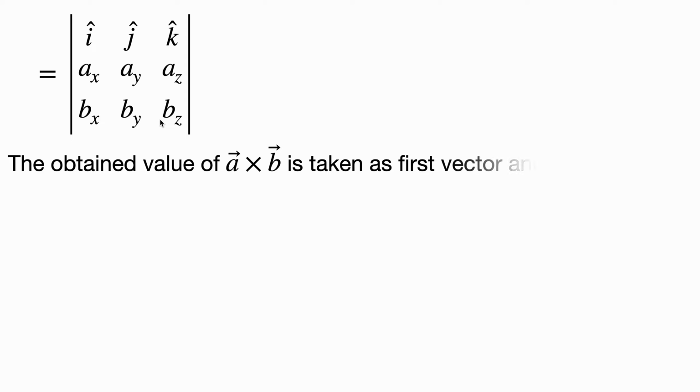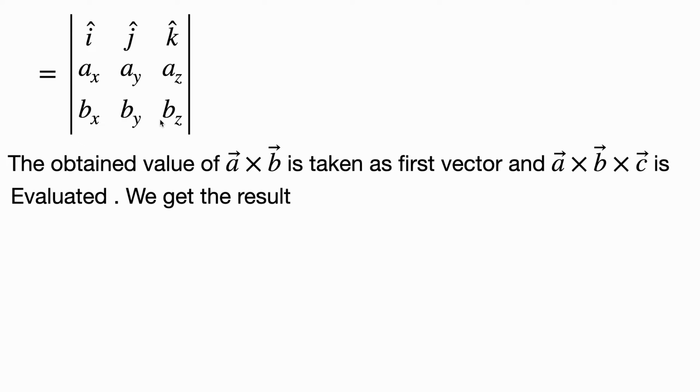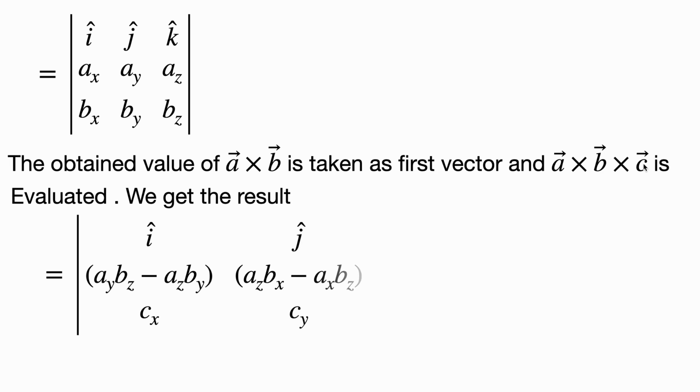So the obtained value of vector a cross vector b is taken as the first vector, and then we find its cross product with vector c. So we can also find the cross product by considering a cross b as first vector and vector c as second vector. If we do so, we can use this formula of finding the cross product of two vectors.